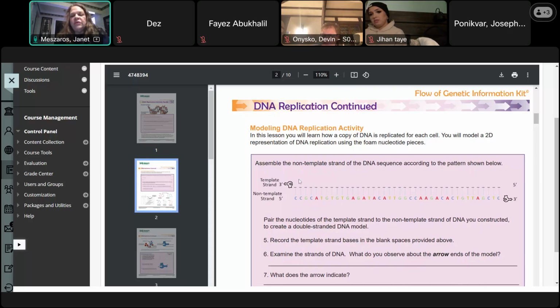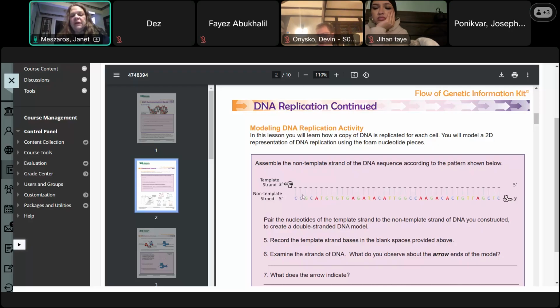So what do they really want you to do? They want you to put the nucleotides that are missing. So what are you going to put across from a C? What would this be? Guanine. So it would be a G, right? A guanine nucleotide.